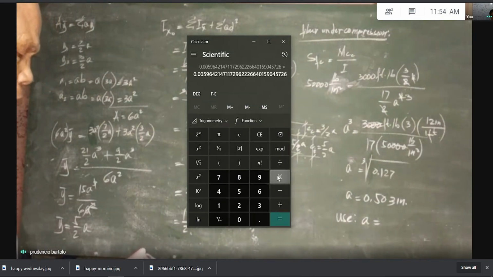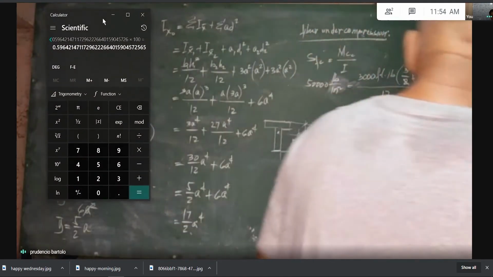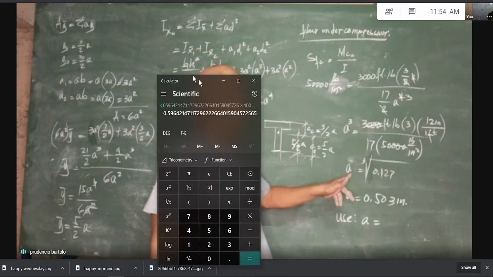So if it is more than 5%, we cannot use the lower value of 1/2.